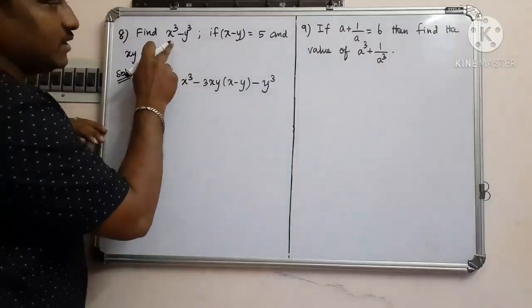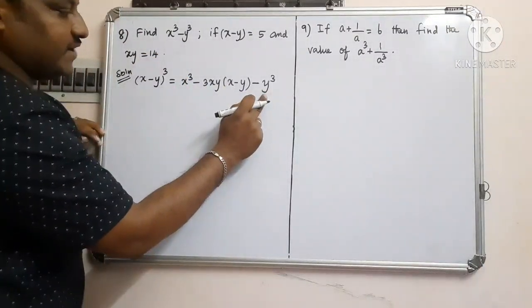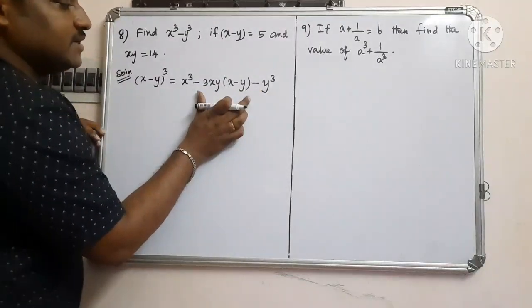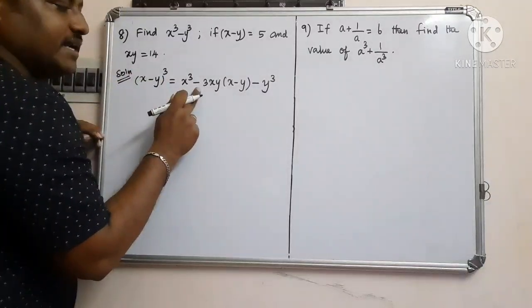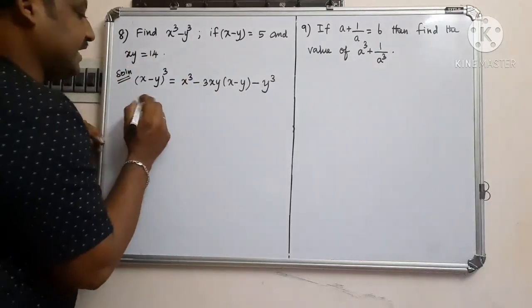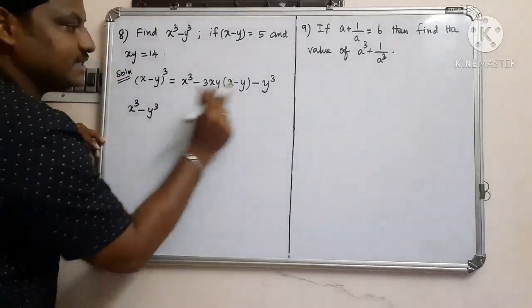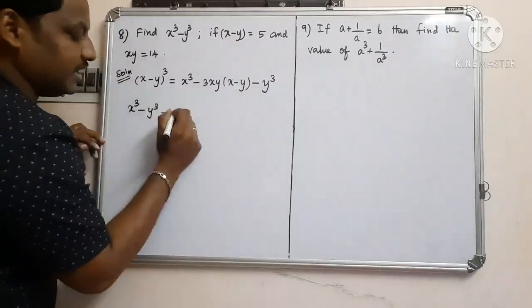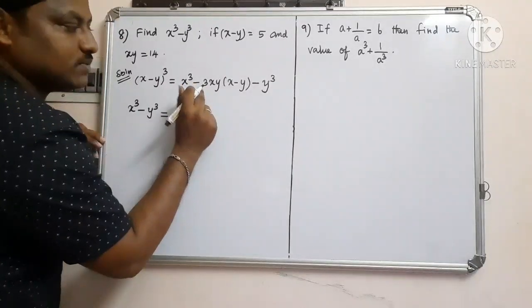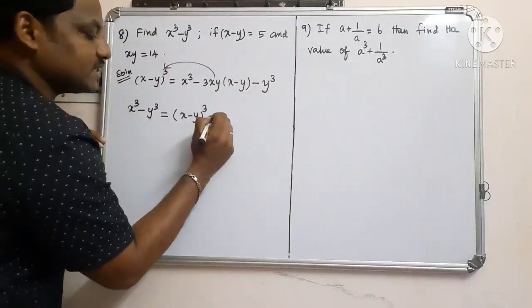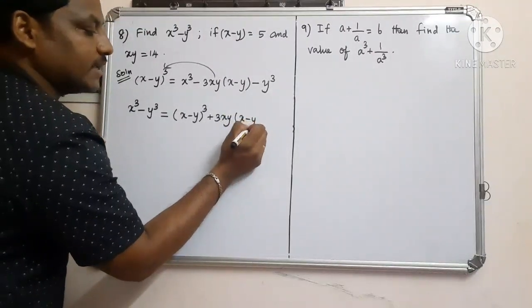So here we have to find out the value of x cube minus y cube. So x cube minus y cube value only we have to find out. So minus 3xy into x minus y should be shifted over to the next side, so minus 3xy will change into plus 3xy. So x cube minus y cube alone is here, equal to x minus y the whole cube, which is already there, plus 3xy into x minus y.